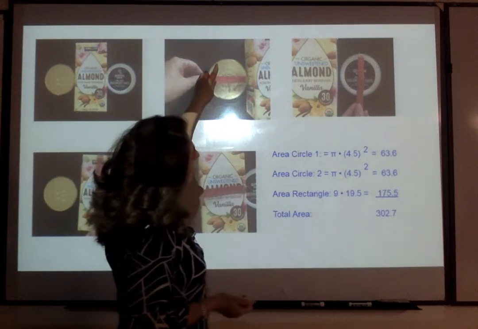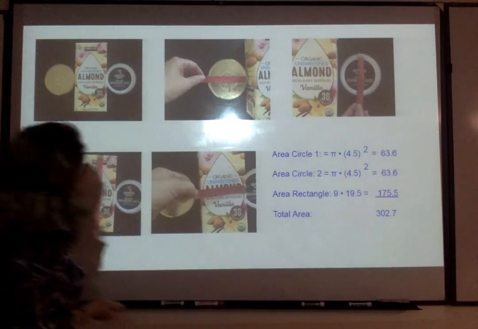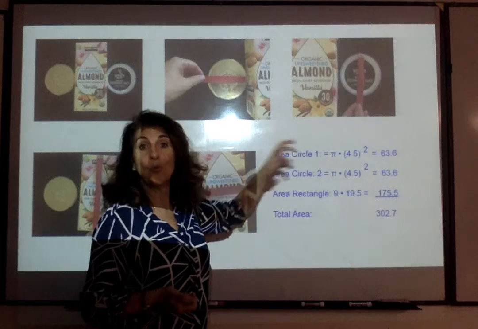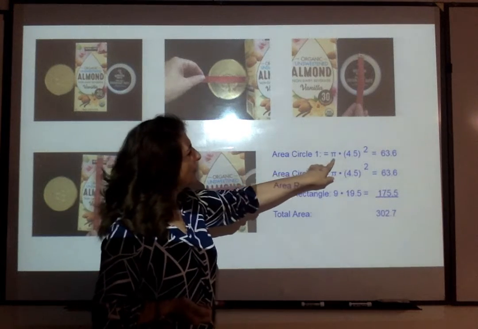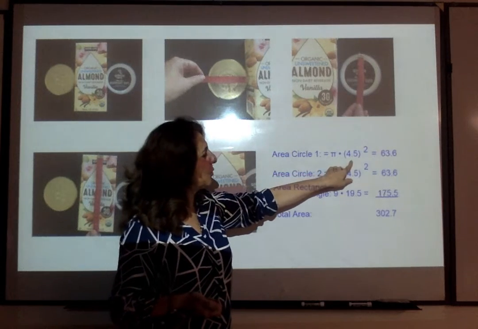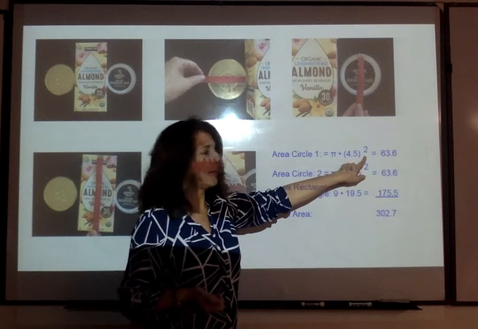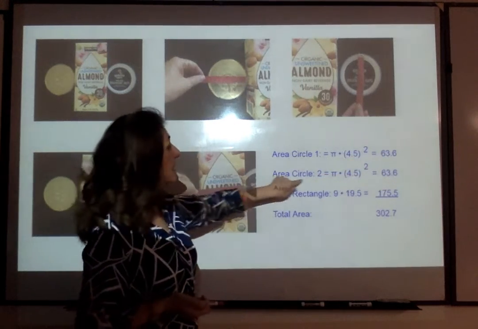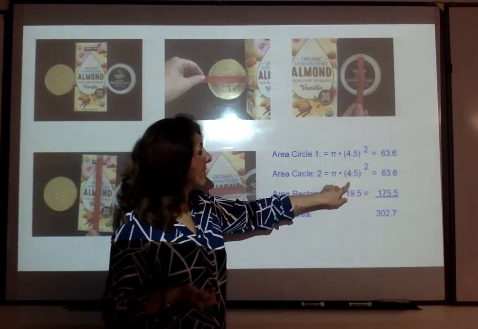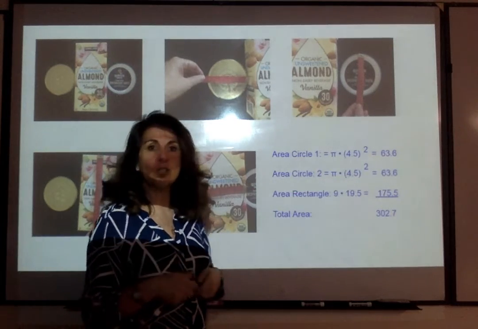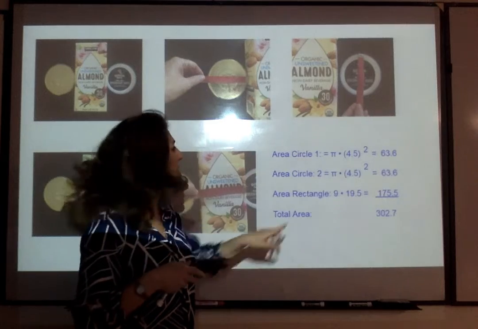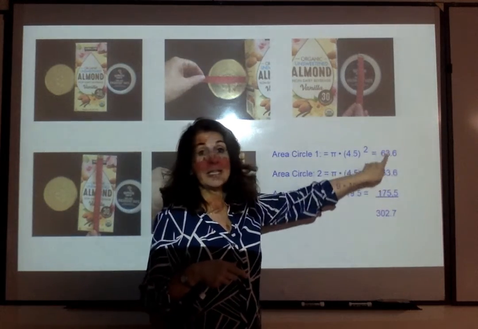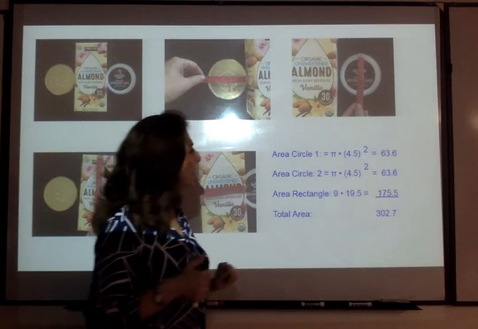And the area of the circles, what did I do? The area of one circle, pi times 4.5 to the second power, gives me this area. Then the second circle, they measured the same thing, or they were pretty similar, so I just rounded and made them measure the same thing. So this is the second one, 63.6, so each one was 63.6.